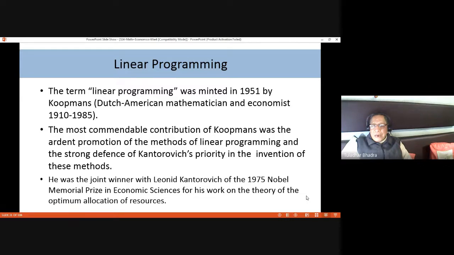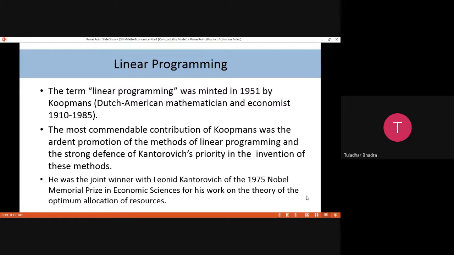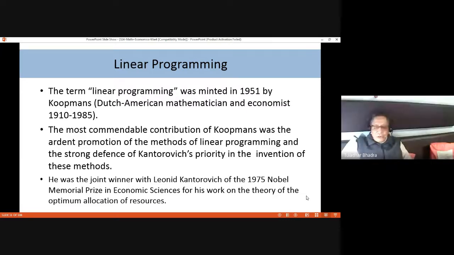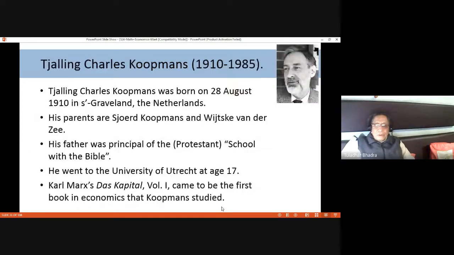He was the joint winner with Leonid Kantorovich of the Nobel Prize in economic sciences for their work on the theory of optimal allocation of resources.